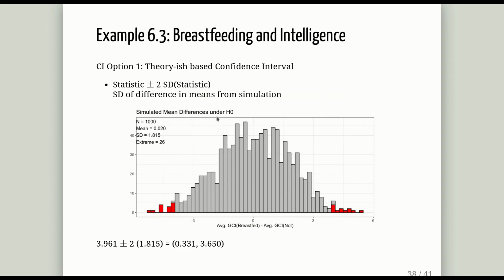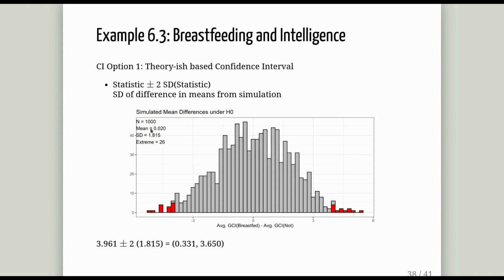So one method, which I've kind of termed the theory-ish confidence interval, is to use the simulation data, or rather, simulate the whole study over and over again. So I did it 1,000 times, and compute the standard deviation of that mean difference from the simulation.